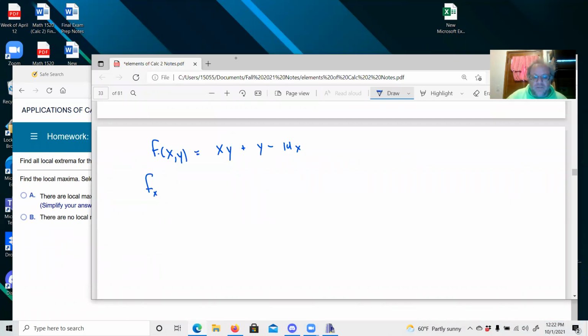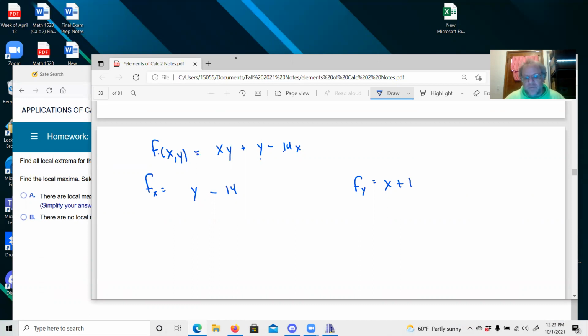So for fx, take the partial derivative with respect to x, we get y minus 14. For the partial derivative with respect to y, we take the derivative with respect to y here, so we get an x, and plus 1 rather.